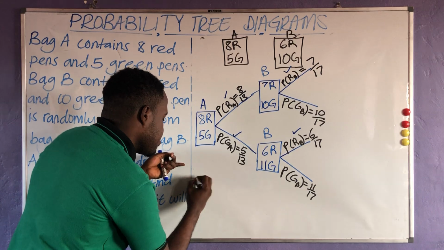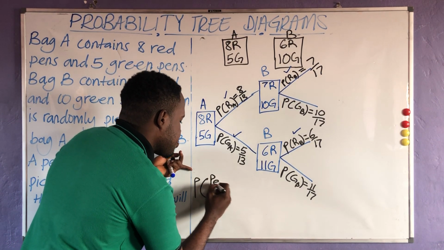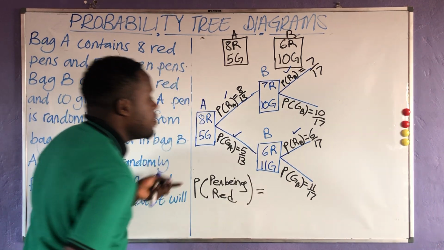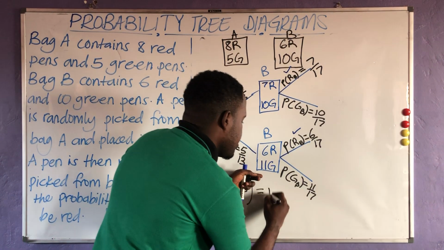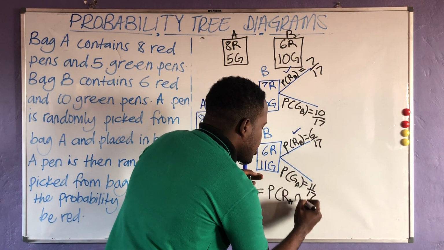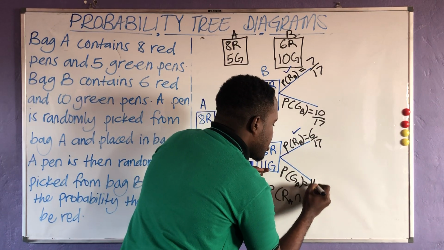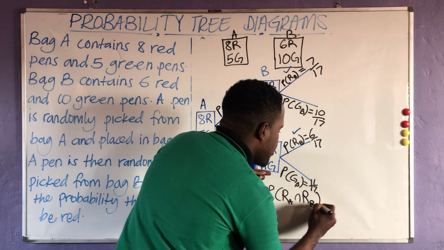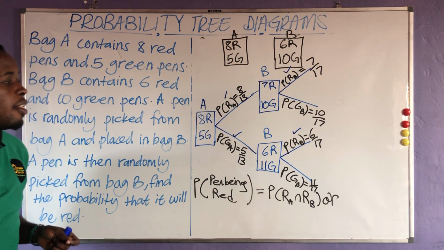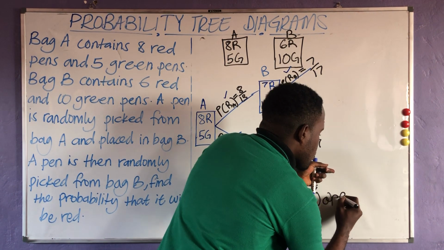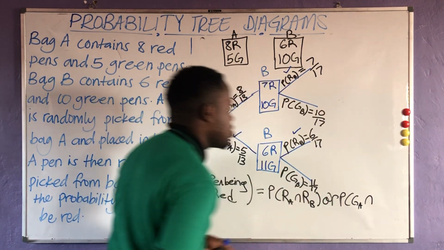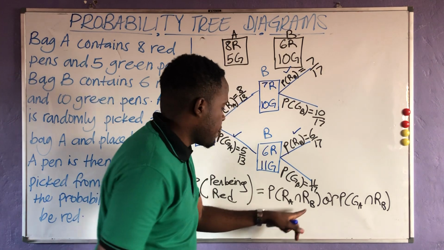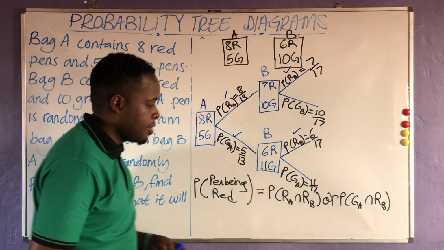So the probability of the pen being red is going to be equivalent to the probability of the red from A intersection the probability of the red in bag B, or the probability of a green from A intersection the probability of a red in bag B. So friends, you can see that we are ending up with a red in all scenarios.